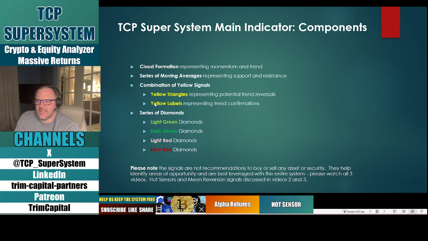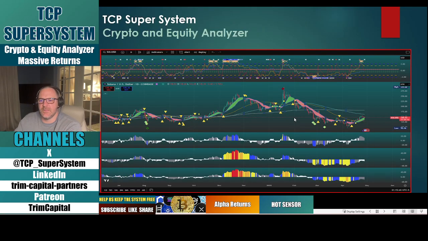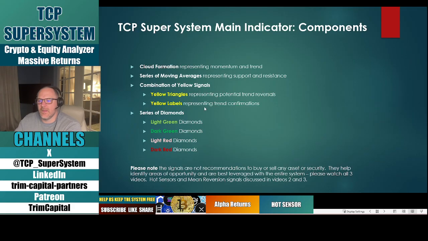So first thing you're going to see on the main system, just to take you back a few real fast, this is the main indicator in the middle where you'll see the candles for the asset that you're looking at. You're going to see a couple different things. Cloud formation, that's going to simply represent whether we're in an uptrend or downtrend. It's going to be green or red. We can customize that to whatever color we want, but usually green and red.